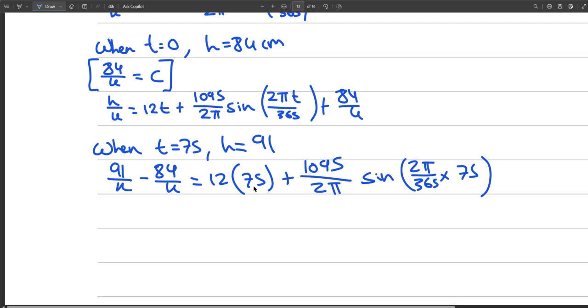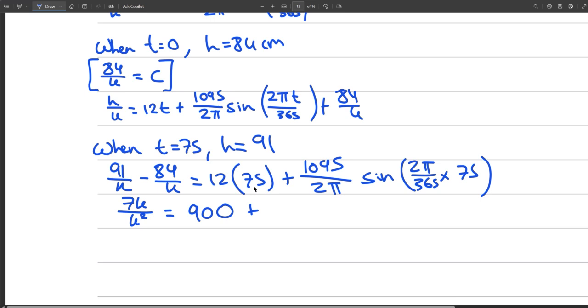So 91k minus 84k, that's 7k on k squared, is equal to 12 times 75, 900, plus, now let's put this into our calculator.